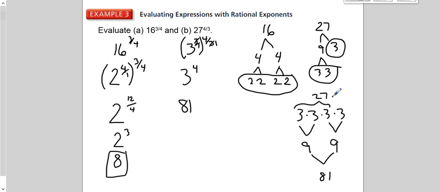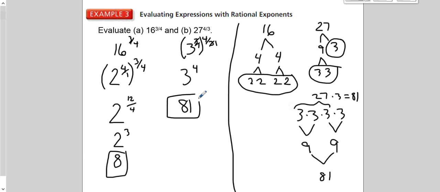And then 27 times 3 would also give you 81. So on this side over here is kind of my scratch work. Here's my actual answers. If I were turning in a paper showing my work, I would just show this part. This would be on my scratch paper I didn't turn in. And that's example 3.